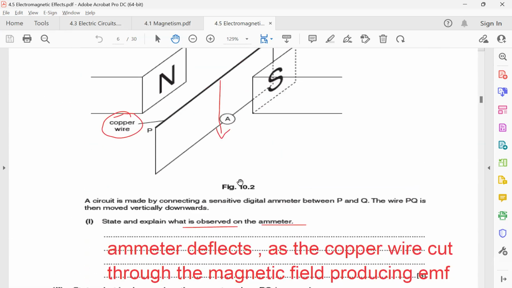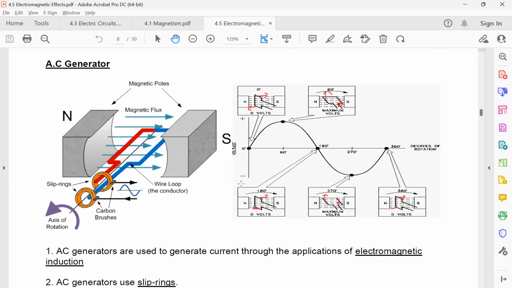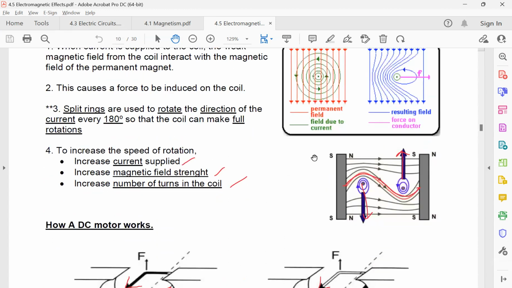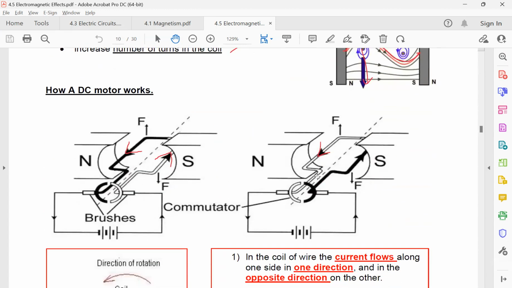Then you're going to learn about these generators and motors. This is a generator, and this one is a motor, which a lot of students don't like this chapter. Everyone hates this chapter. But it's actually very easy, don't worry. I have a perfect way to simplify the understanding. So don't worry about that. But this one, confirm not out.